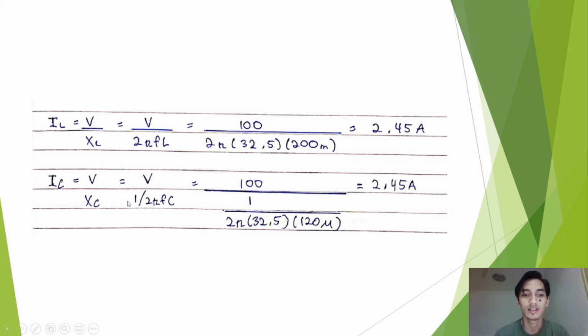So 100 volts divided by 1 over 2 pi FC, the frequency 32.5 Hz, and for the capacitance 120 microfarad. When we calculate it, we also got the same 2.45 amp. This is the current flowing at the resonance.